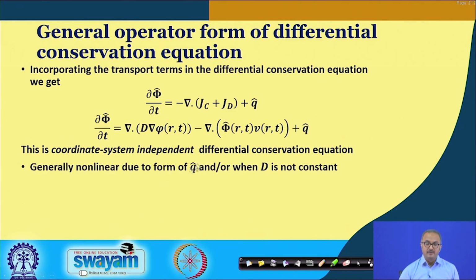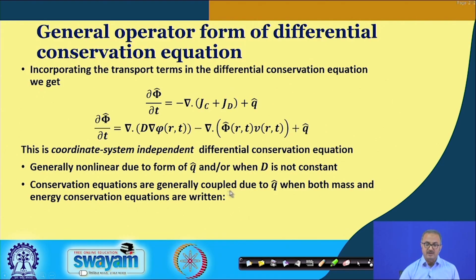Now, this system is generally non-linear because q and D are not constant, and many times we find that these equations are coupled. As I showed you earlier, the momentum equation and the mass balance may be coupled. The mass balance may be coupled with the energy balance equation, because in the mass balance we have the densities, and the densities are functions of temperature, and temperature can be obtained from the energy balance equation, where we also have the densities, specific heats, etc. So everything becomes a coupled set of equations, and in general we get non-linear coupled differential equations.